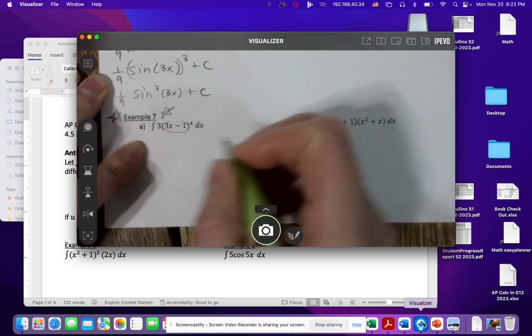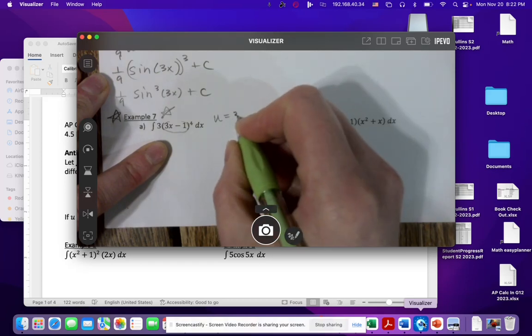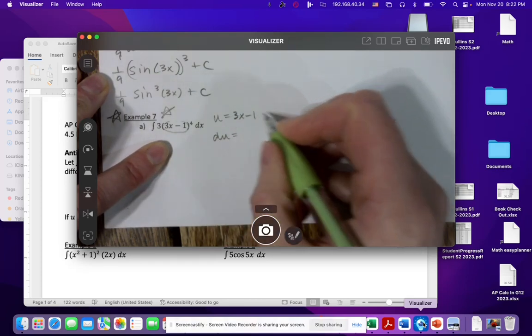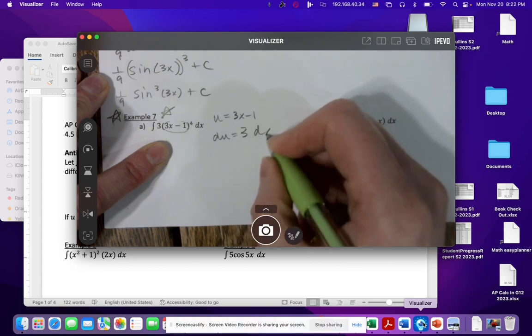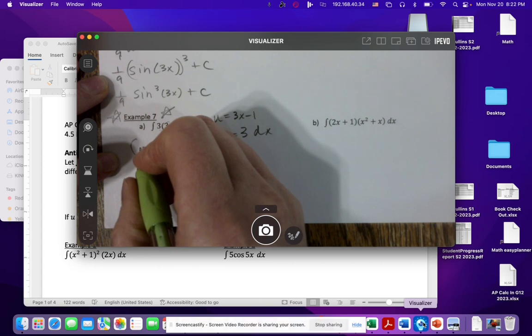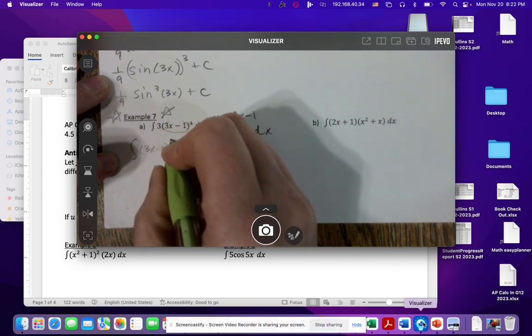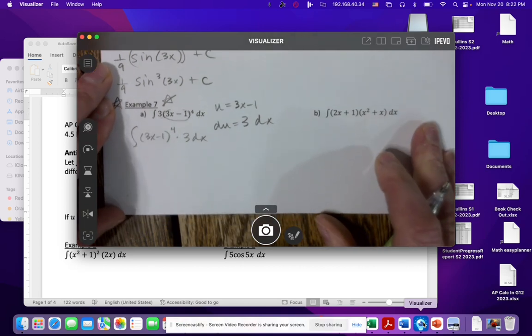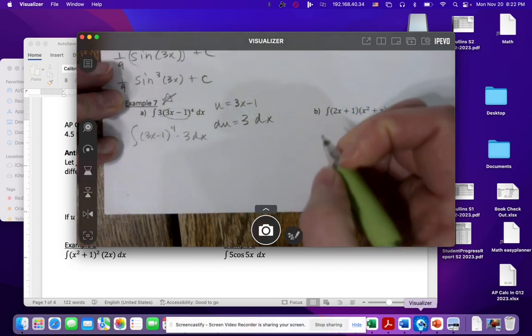So my inside is here. u equals 3x minus 1. My du is just going to be the derivative of 3x minus 1, which is 3 dx. So I can see right away on this, here's my 3 dx. So I have the 3x minus 1 to the 4th, and I have a 3 dx over here. So you probably don't even have to make the u substitution, right?